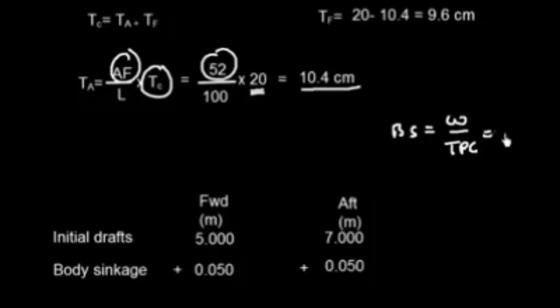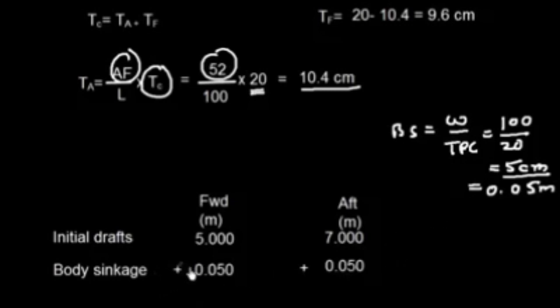The W was 100 ton and the TPC was 20, which gives me 5 centimeter. After converting this 5 centimeter into meter, I need to divide by 100, and I get 0.05 meter.